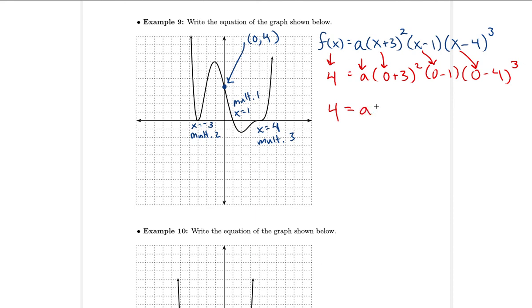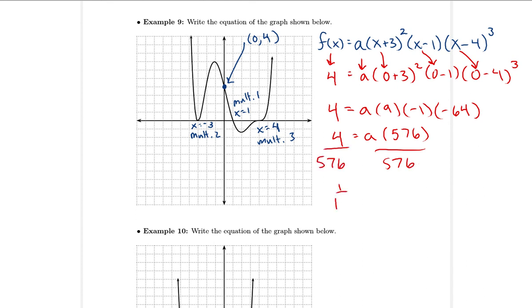So I have a times, well, 3 squared is 9, times negative 1. Negative 4 to the third power would be negative 64. So I get 4 is equal to a times 576 when I multiply that. And I can divide by 576.